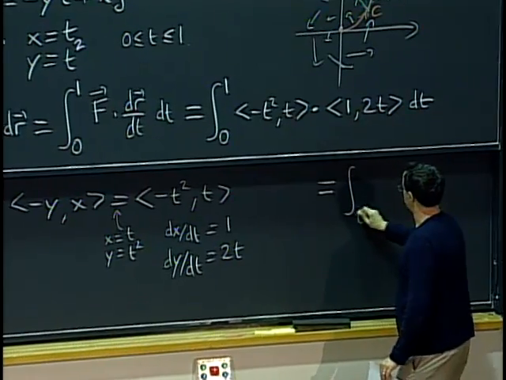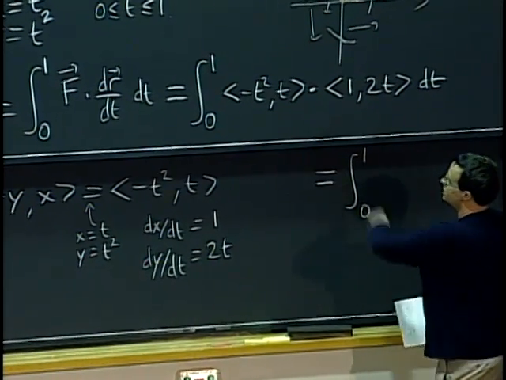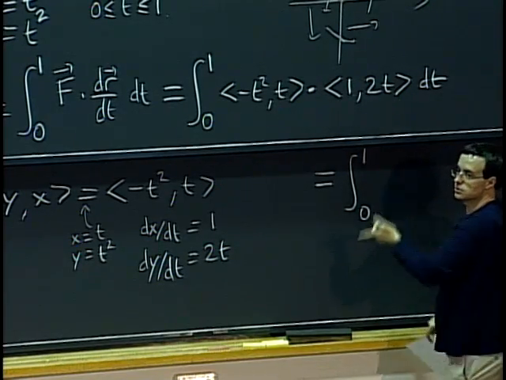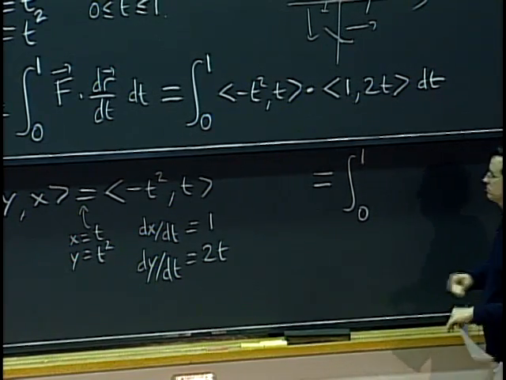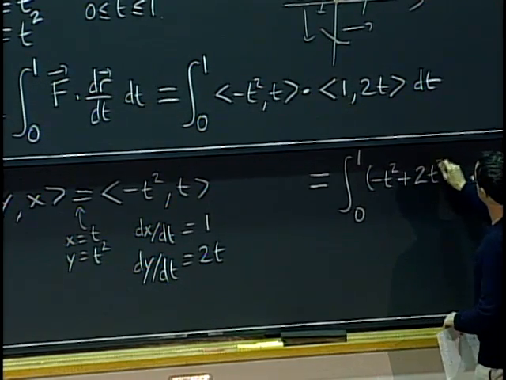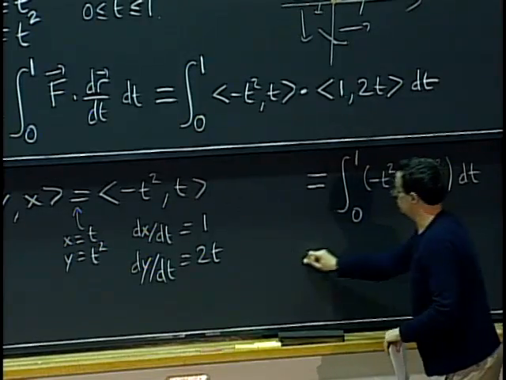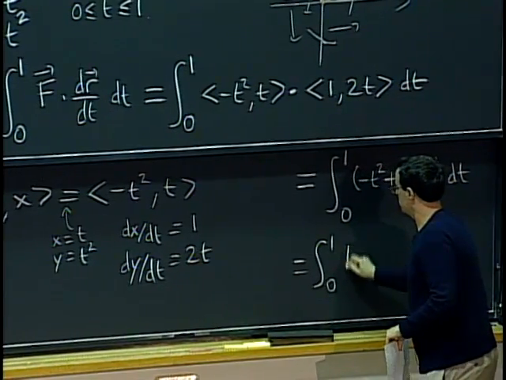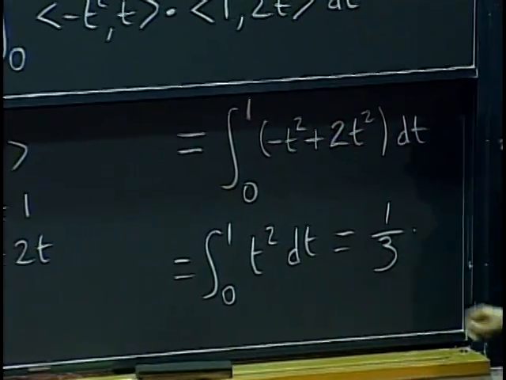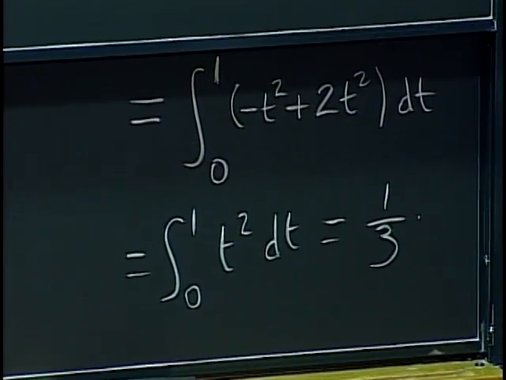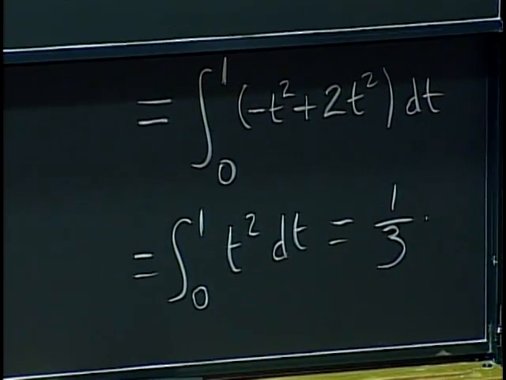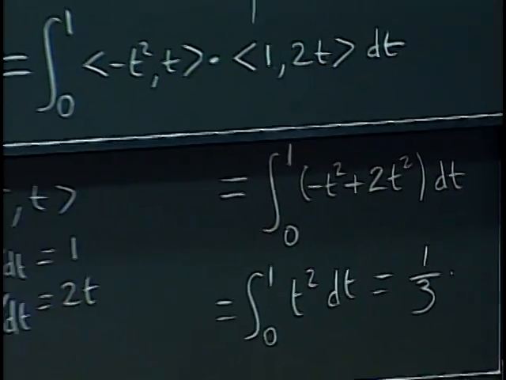We get the integral from 0 to 1 of the dot product, which is -t squared plus 2t squared, that is t squared, dt. That ends up being the integral from 0 to 1 of t squared dt, which you all know how to integrate and get 1/3. So that's the work done by the force along this curve.